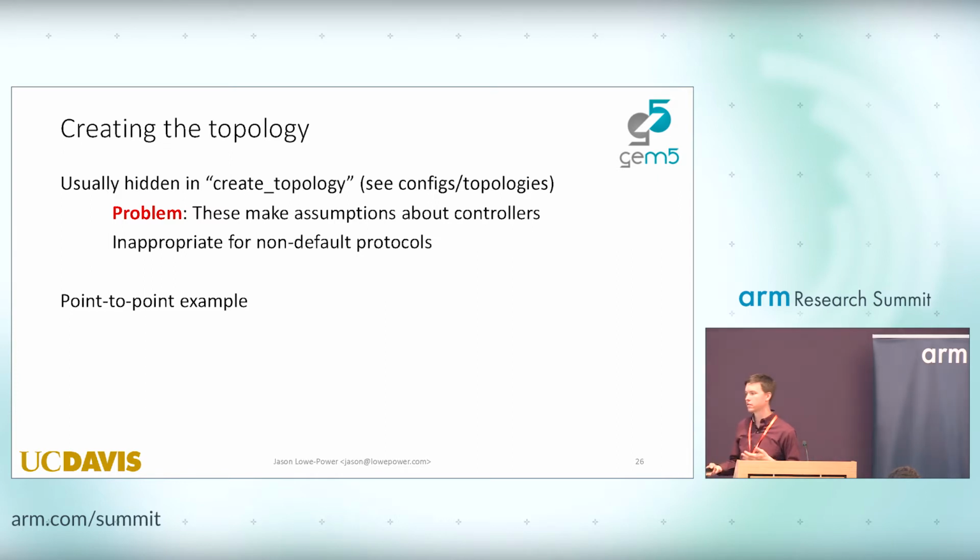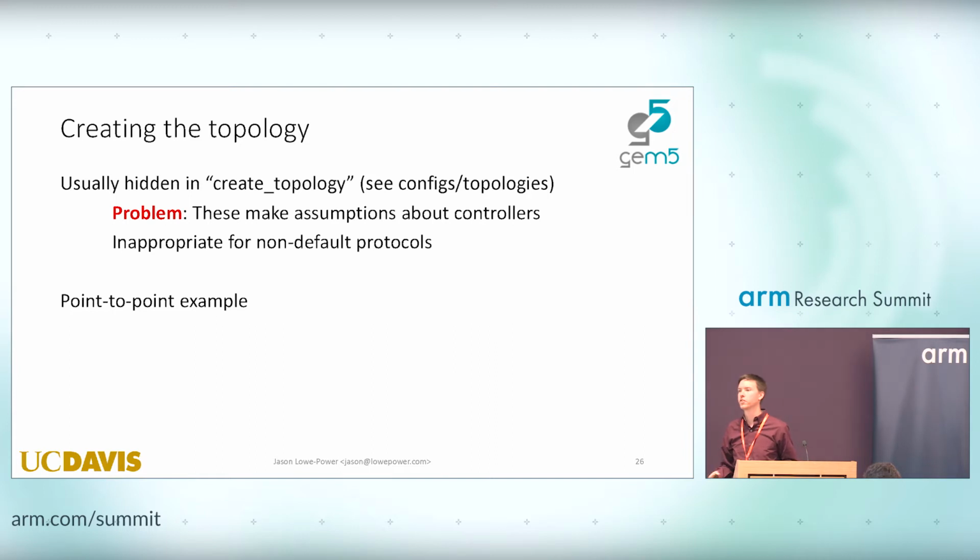This is partly because some of the older protocols had particularly complicated topologies, like one of them is called mesh dir corners. So the idea was to have a mesh topology and directories in the corners. But this assumed that you created directory, cache, cache, cache, directory, cache, cache, cache, or whatever the order needed to be to get your directories in the corners.